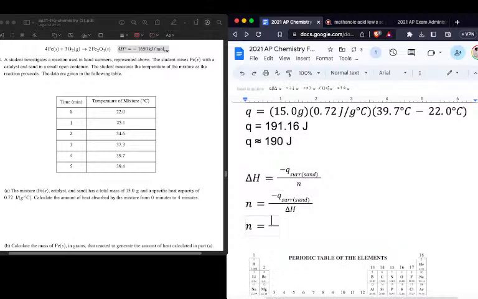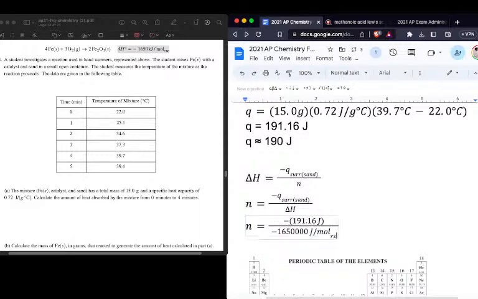The number of moles of iron is negative. This is 190. I'm going to use the unrounded version here. 191 joules of heat released. This delta H is negative 1,650,000 joules per mole of the reaction.